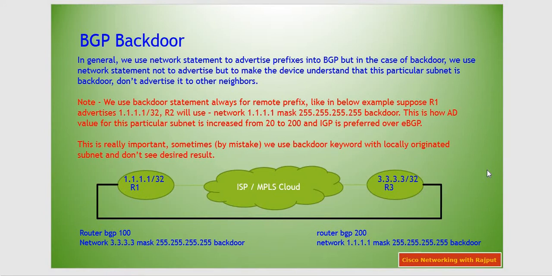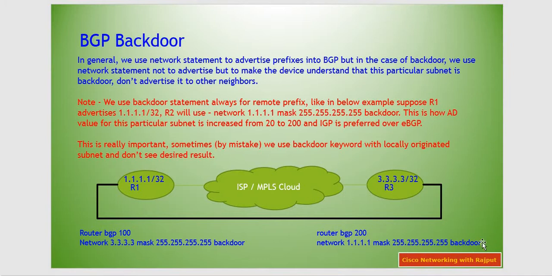The special note is: in general, when we want to inject some prefix into BGP, we use the network statement. Over here also we are going to use the network statement with the backdoor keyword. But the most important thing is that we always enter this network statement and backdoor for the remote prefix.